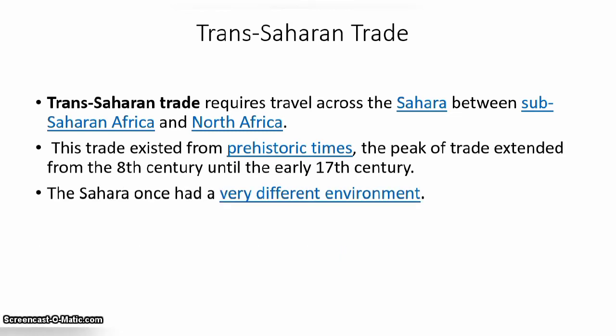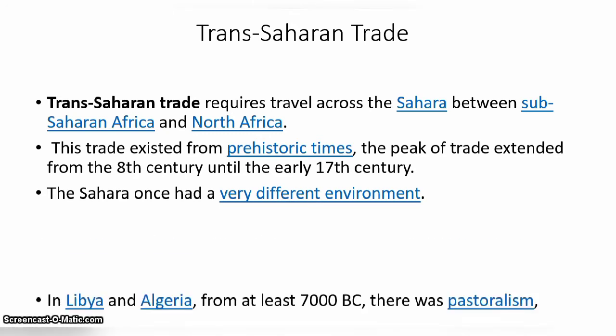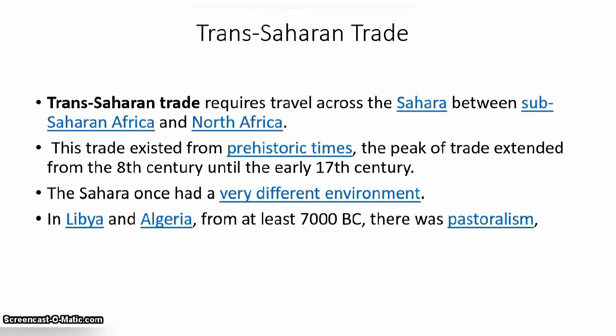The Sahara once had a different environment, and when we talk about this, it simply means that in Libya and Algeria, there has been some evidence which shows that the place was once a forest because of the drawings on the stones and the rocks, which depict that animals were grazing at the place.